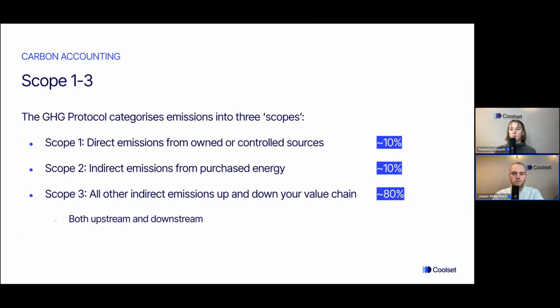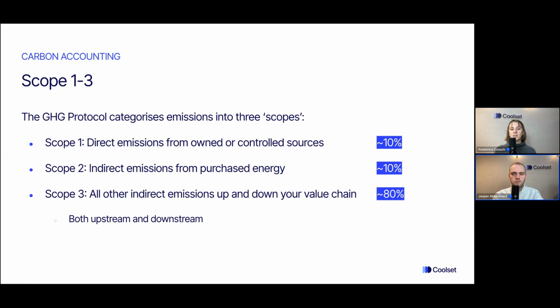So that's any fuel you're burning on site, maybe if you're in a manufacturing industry, gas to burn and heat products, and then also fuel for cars that your company owns or controls, so diesel and petrol. And that's generally a pretty small proportion, around 10% of a company's emissions.